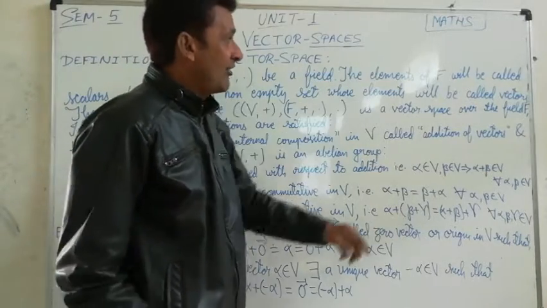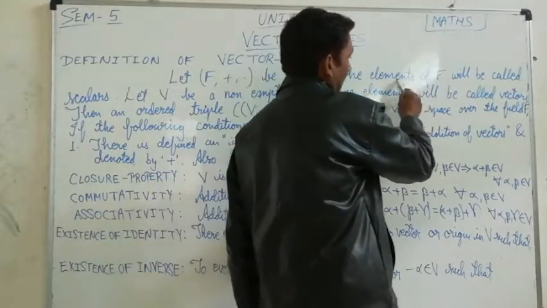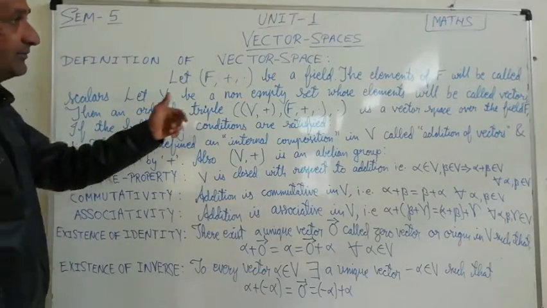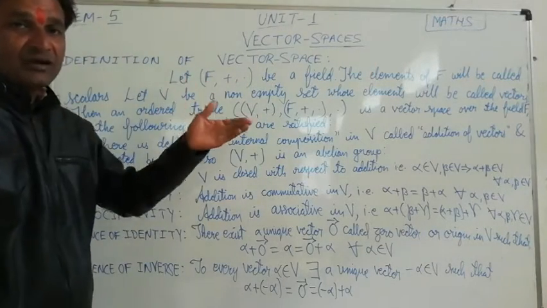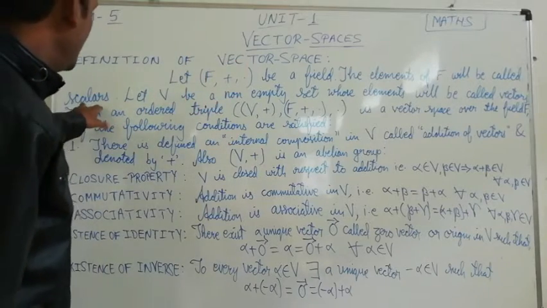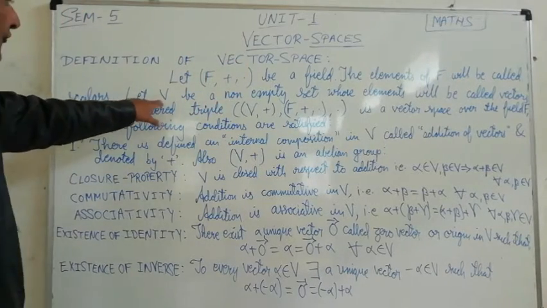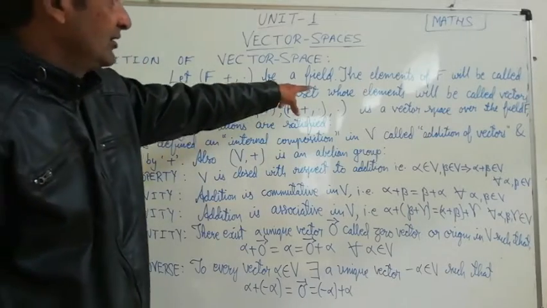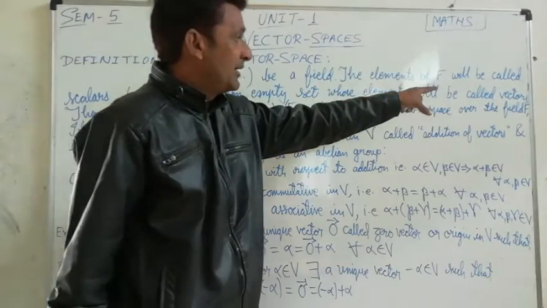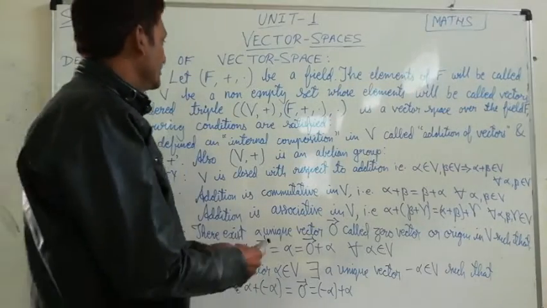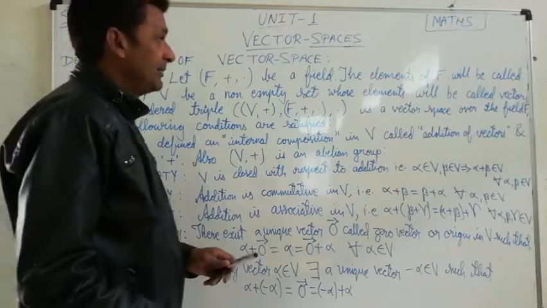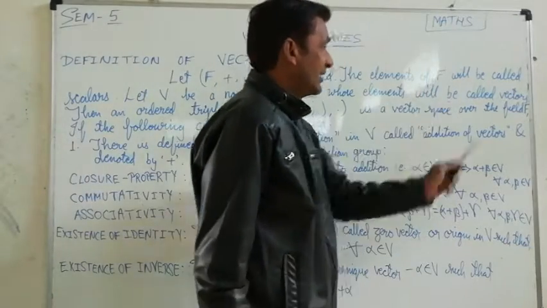The elements of F will be called scalars, means those elements which we take from F are called scalars. Let V be a non-empty set, whose elements will be called vectors. The elements which are present in V are called vectors and the elements which are present in F are called scalars.